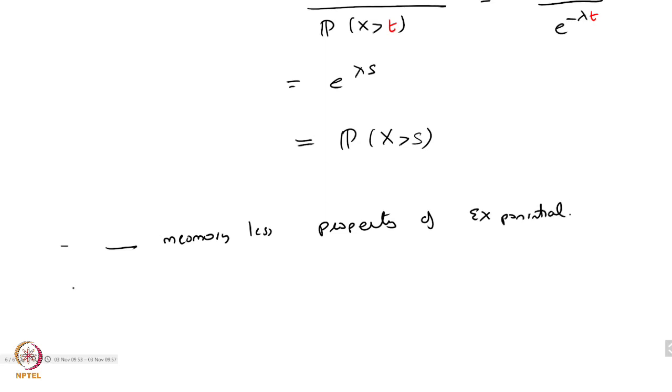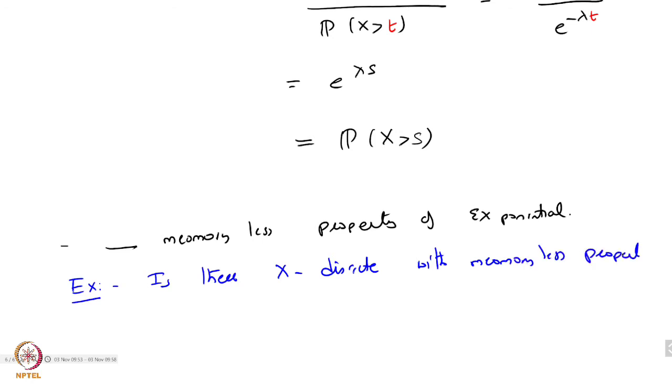So now here's a simple exercise for you to think about. I've given you an example of a continuous one that does this. So is there a discrete random variable x that has the same property? Is there a discrete x with the memoryless property? And is there a connection of that with exponential?